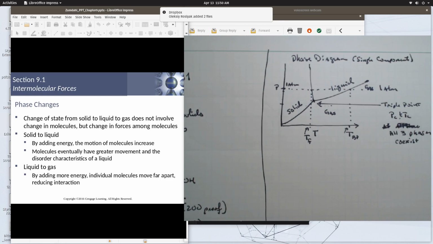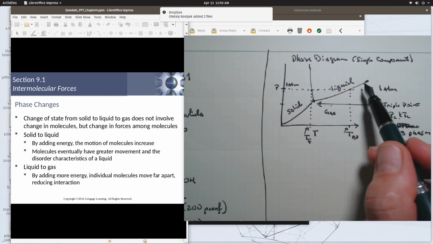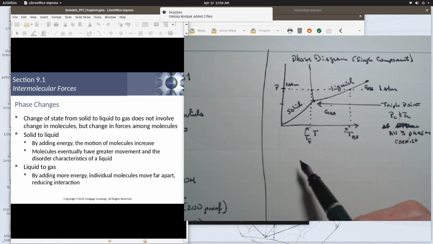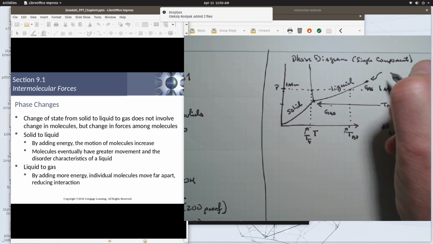Now if I added alcohol, or if I added oil or something to this, I would have a much more complicated phase diagram. And like I said before, the positions and slopes of these lines are determined by the properties of the material. This point here, incidentally, is called the critical point, with some critical temperature TC and some critical pressure PC.